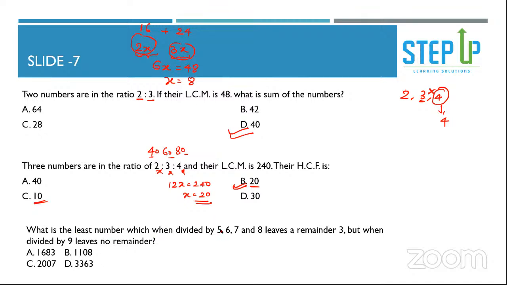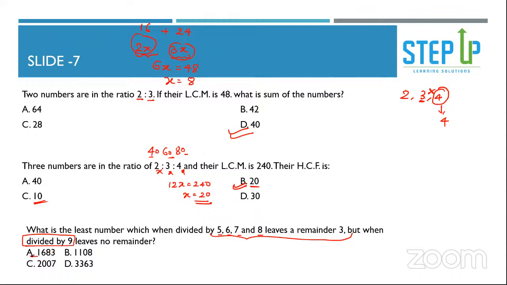What is the least number which when divided by 5, 6, 7, and 8 leaves a remainder of 3, but when divided by 9 leaves no remainder? So basically you just have to check the divisibility rule of 9. Okay, forget about this entire part. Ignore this. We just have to check divisible by 9. So which number? 1 plus 6, 7, 7 plus 8, 15 plus 3, 18.